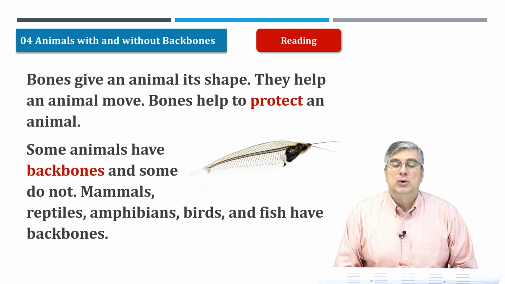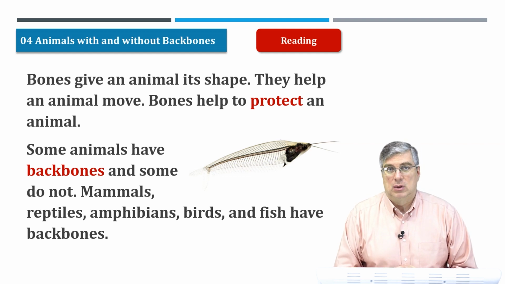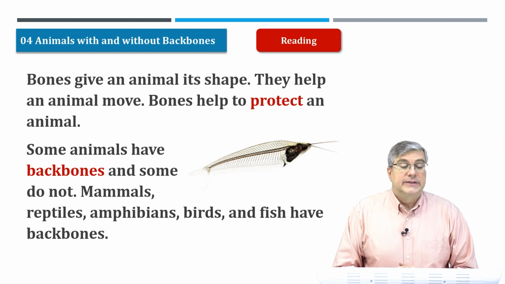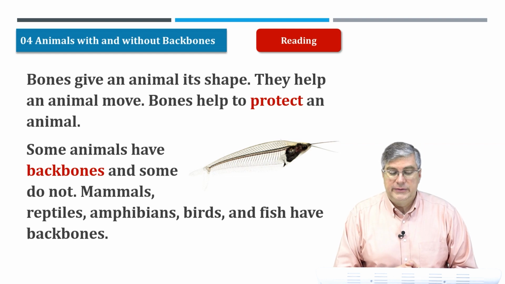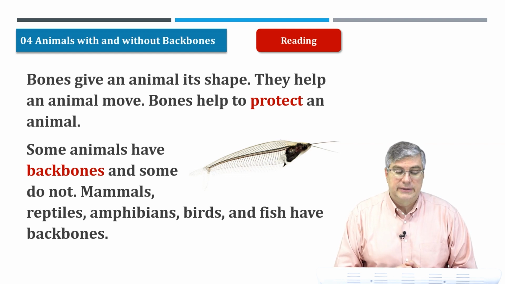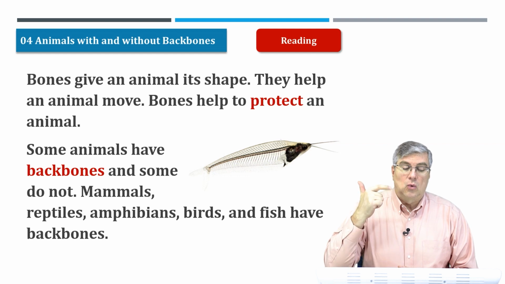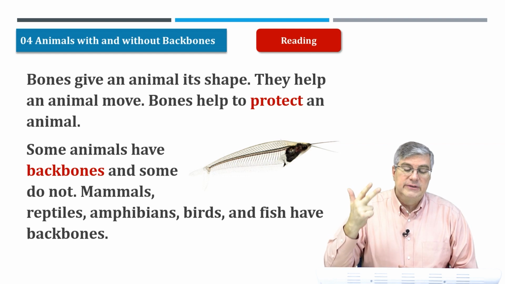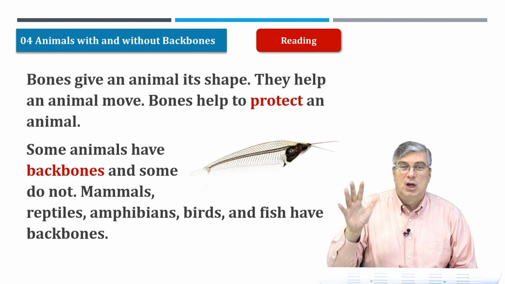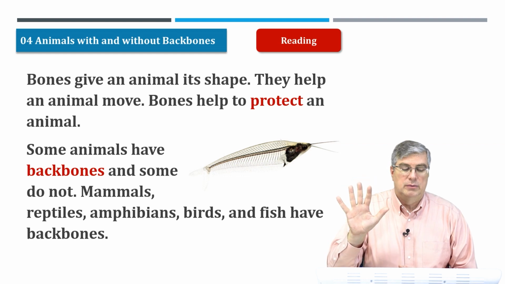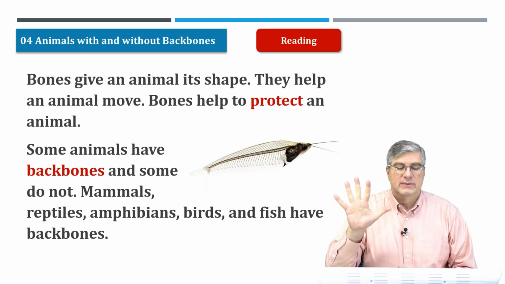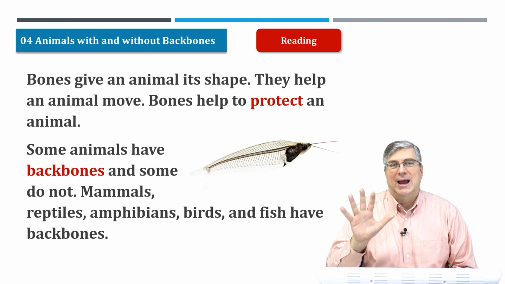Bones help to protect an animal. Okay. Some animals have backbones and some do not. Mammals, reptiles, amphibians, birds, and fish have backbones. We can say all of these animals have backbones.